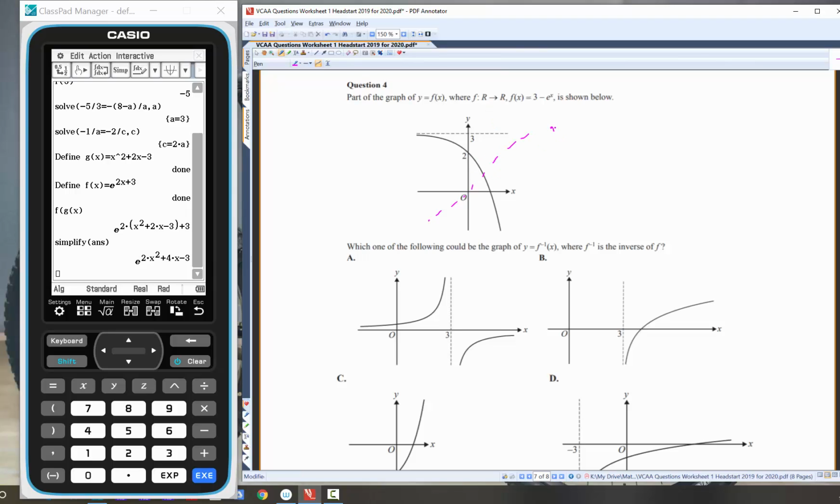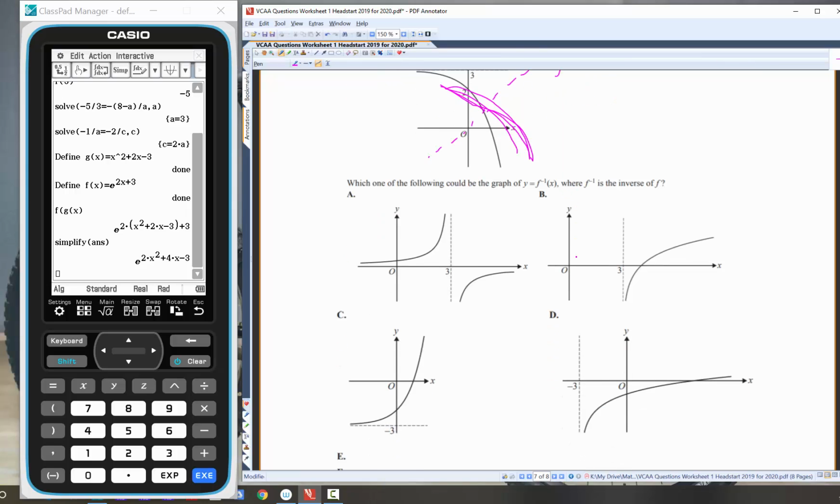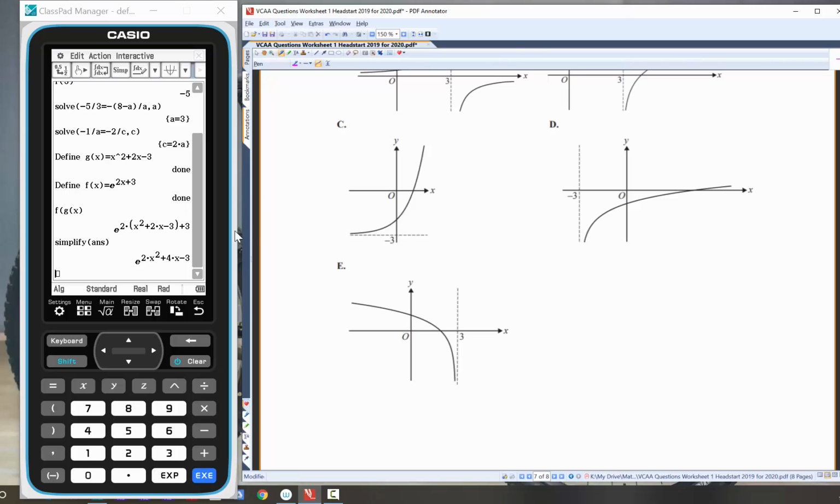So that's the line y equals x, and what I want to do is a reflection. So that reflected in that line will look like that. And this part will look, or I can't picture this, like that. This will look something like that. Let's see if anything matches that, pretty dodgy looking. Yeah, there it is, E.